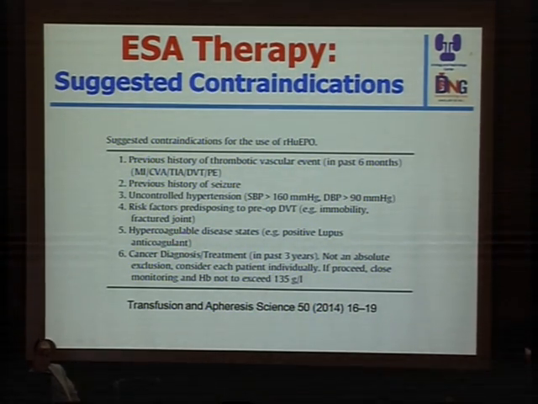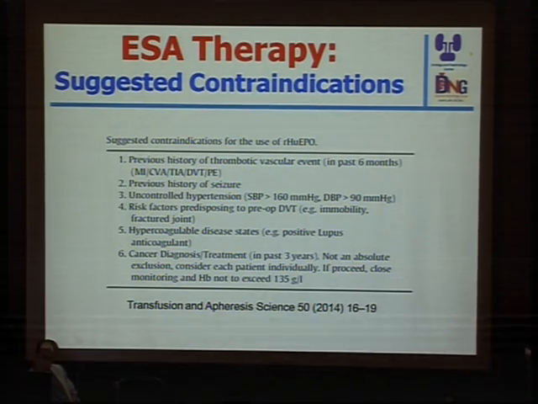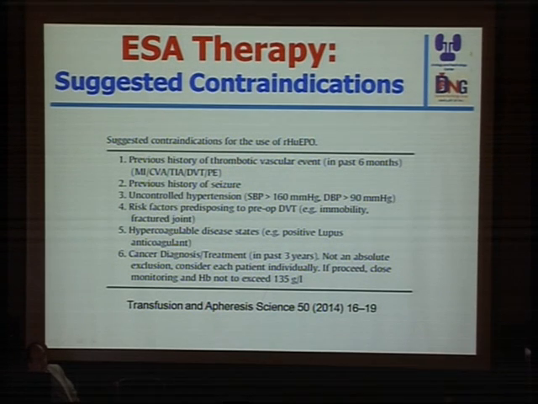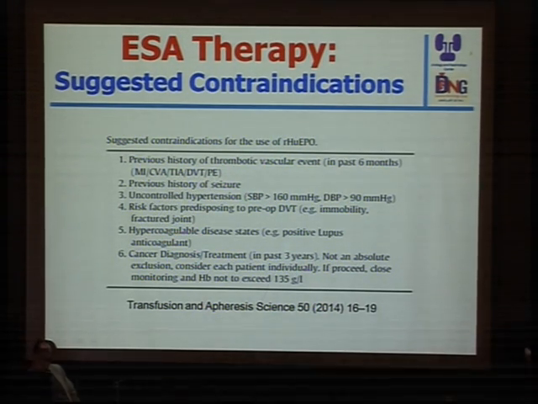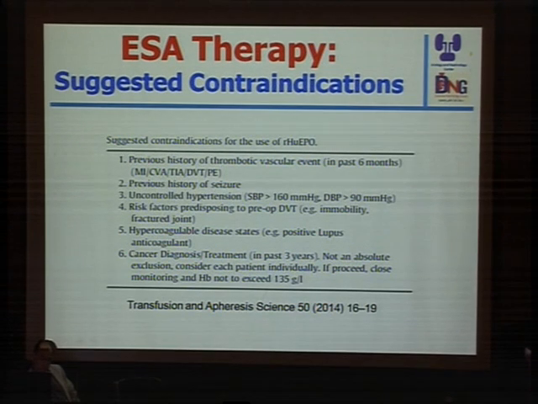Previous history of seizures, uncontrolled hypertension, risk factors predisposing to thrombosis, hypercoagulable disease, cancer diagnosis. So I should look at these factors. I consider them precautions, and in this slide, according to this reference, these are suggested contraindications for ESA therapy.